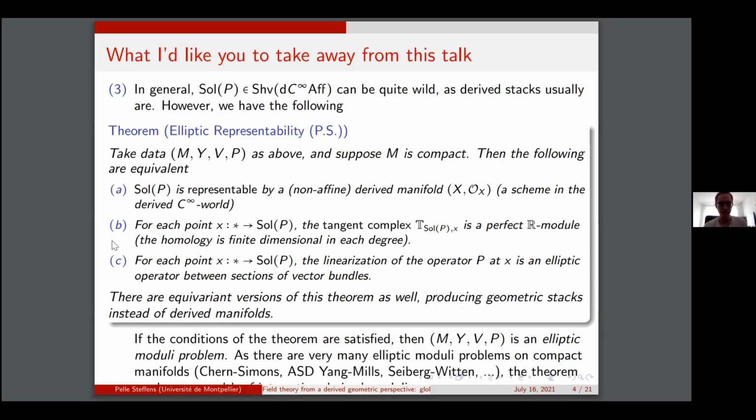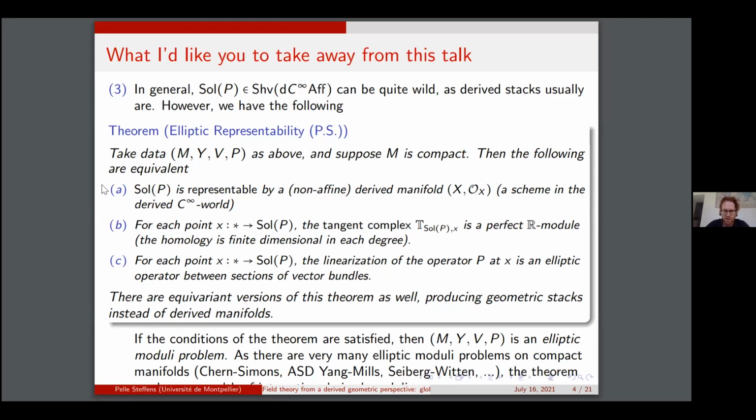Yeah, so P is already assumed to be elliptic, right? So is that how the elliptic? No. So P is not assumed to be elliptic. A nonlinear elliptic operator is by definition elliptic if and only if all its linearizations are elliptic.